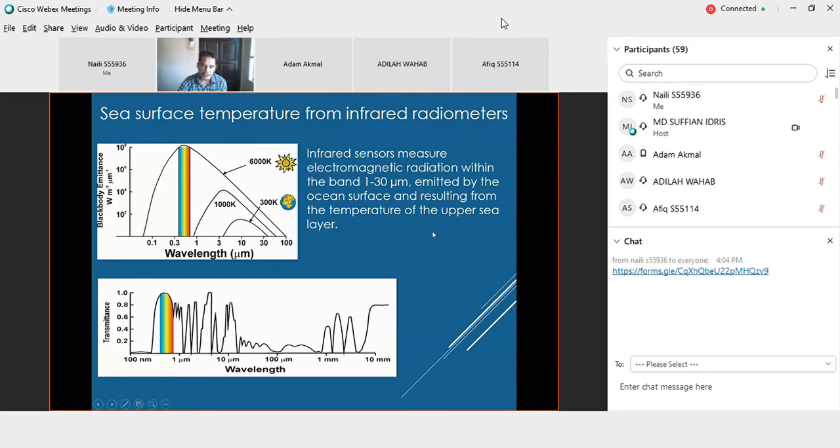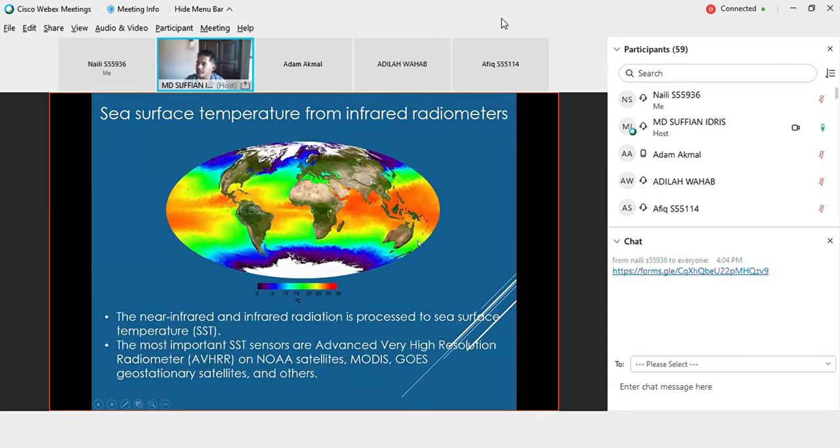Dan kebanyakannya dia sama ada reflective radiant ataupun emissive radiant. So sama ada dia pakai optical sensor ataupun dia menggunakan microwave sensing. And surface temperature from infrared radiometer, the near infrared and infrared radiation is processed to surface temperature.